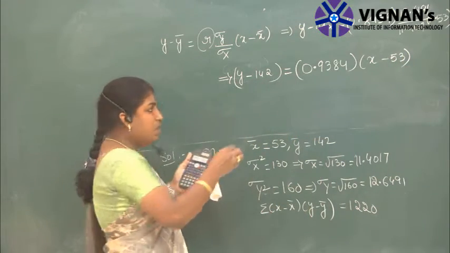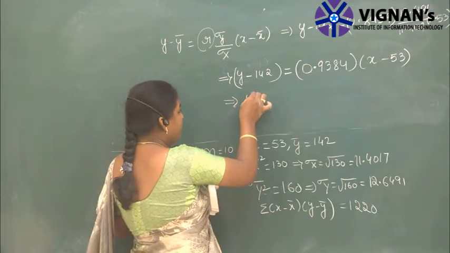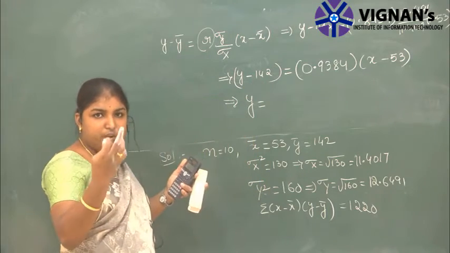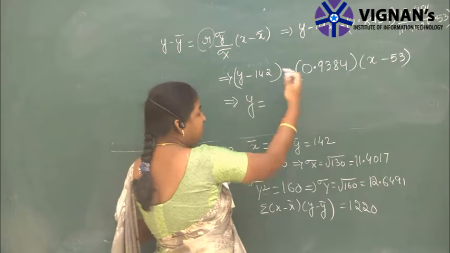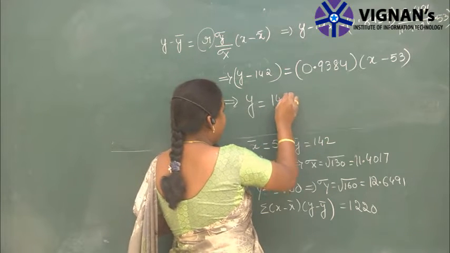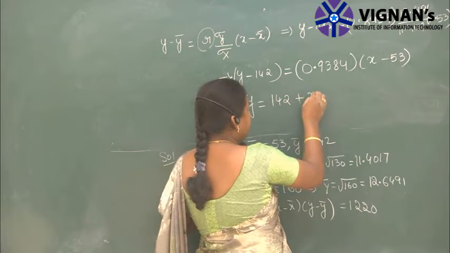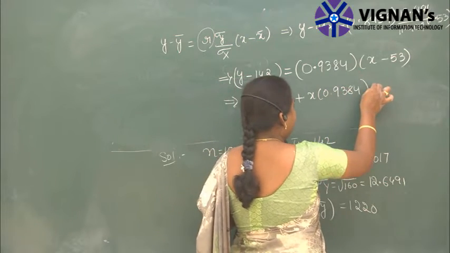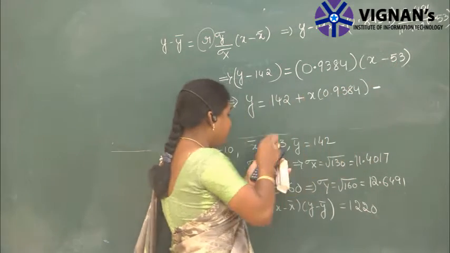This can also be written as y is equal to, taking the 142 to the other side, minus 142 becomes plus 142, plus x into 0.9384 minus 53 into this.